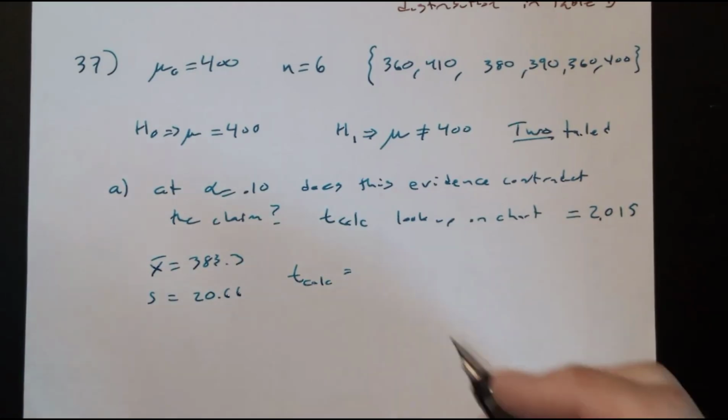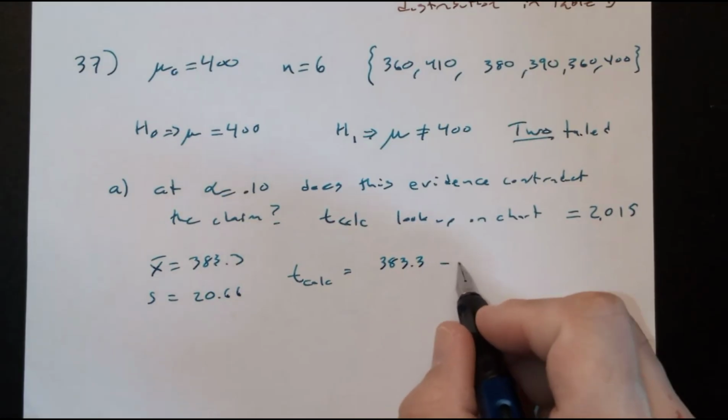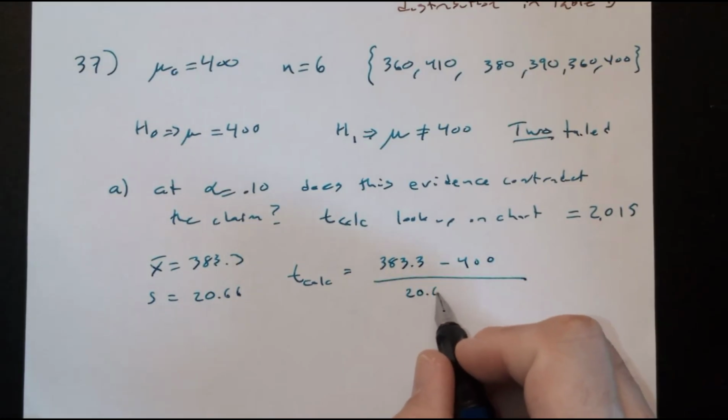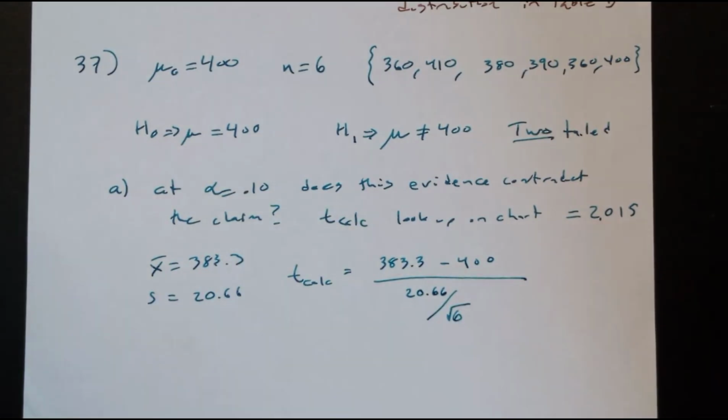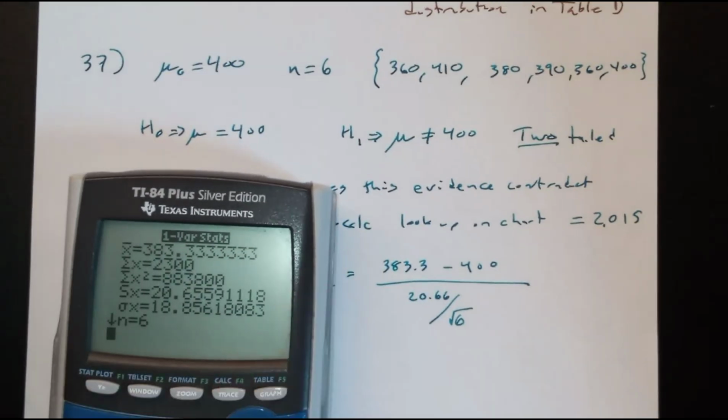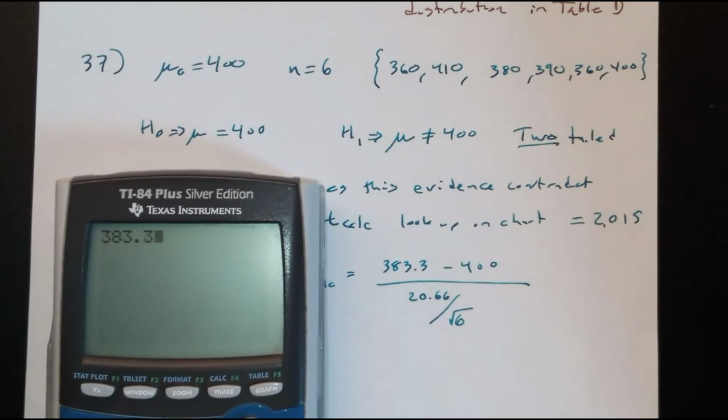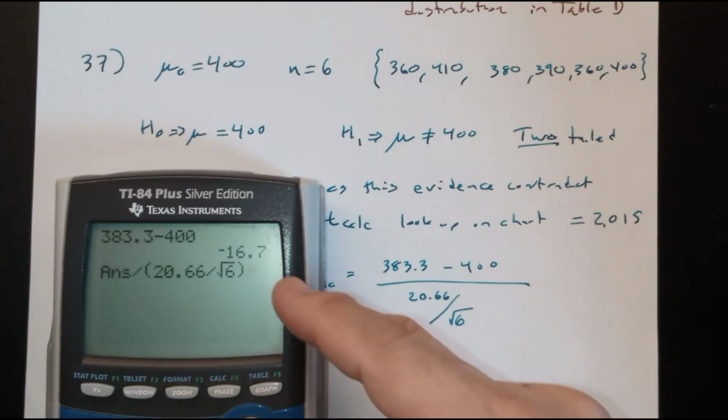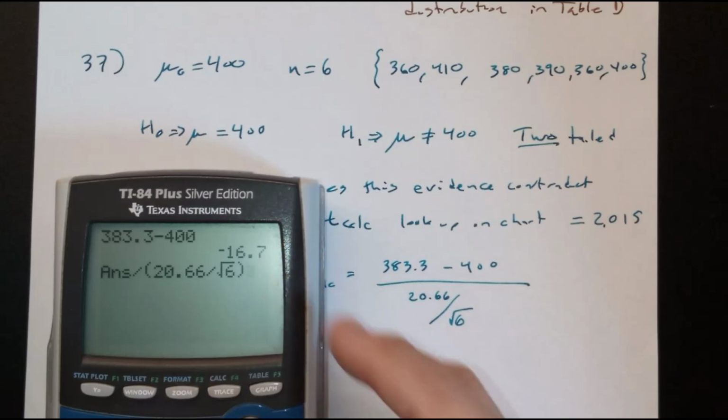And now I can calculate my t-score. 383.3 minus 400 over 20.66 over square root of 6. Value for the top divided by that standard error.